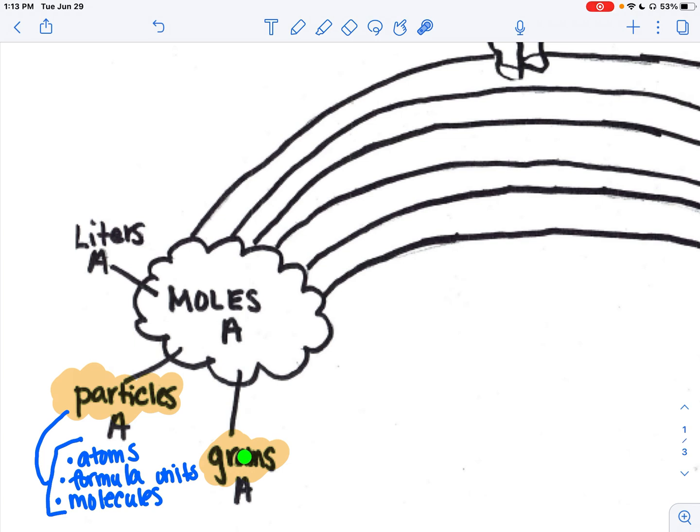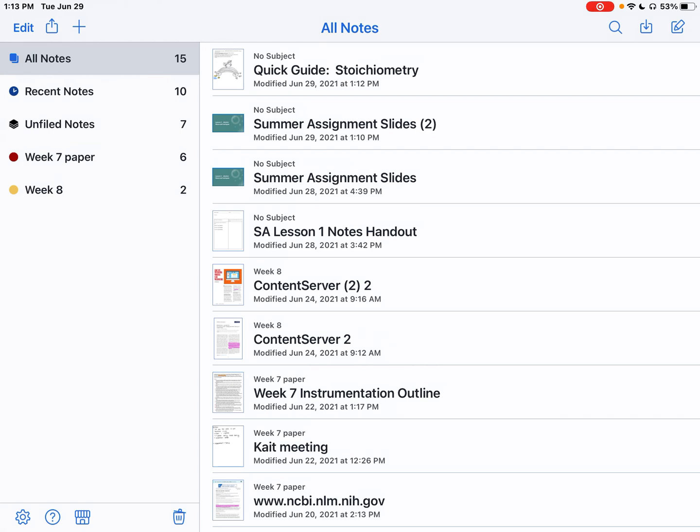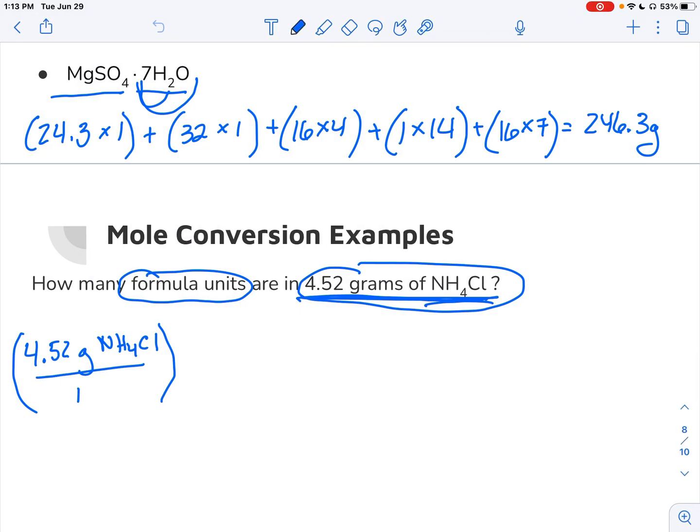So grams is going to be 1 factor, moles will get another factor, and particles will get a 3rd factor. So I'm going to write out 3 factors. So that takes care of step number 2.